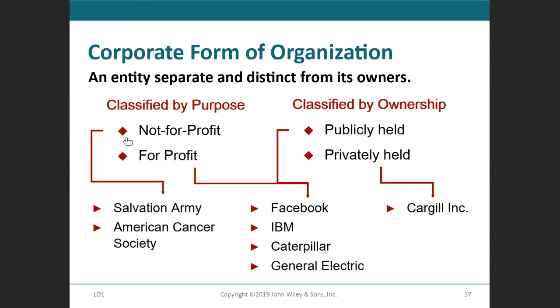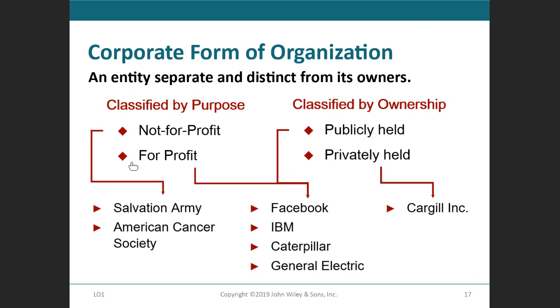So you can classify an entity or an organization as not-for-profit, or you can categorize it as for-profit, right? So for example, Qatar University is not-for-profit, right? Qatar Charity, not-for-profit, right?